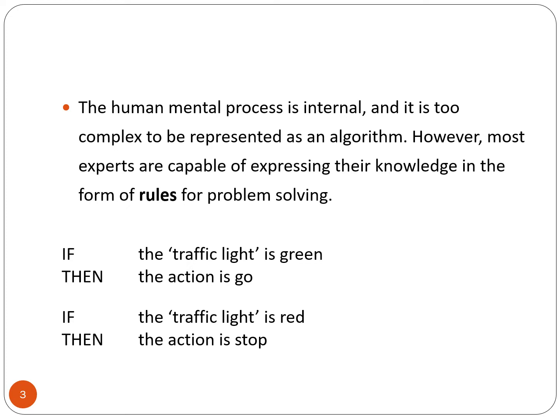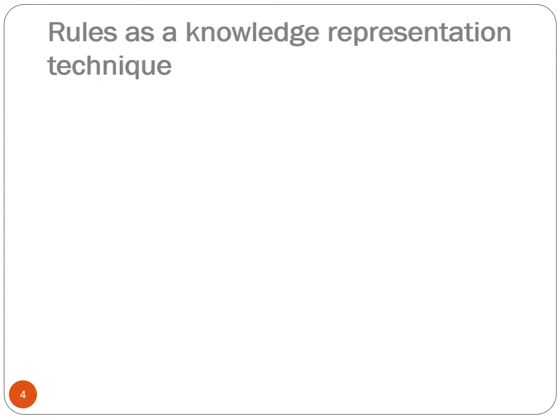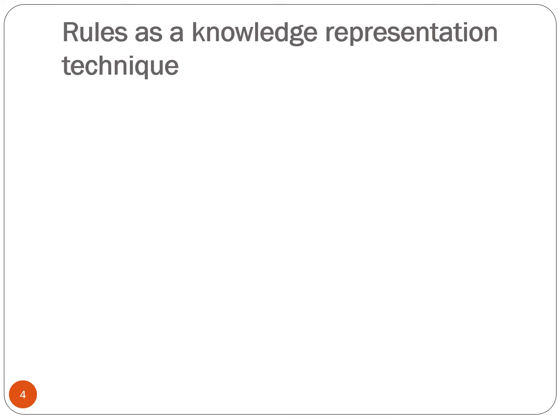So in this example, the rule is the knowledge, and the data is either green or red. This is what we call rules, which represent the knowledge.